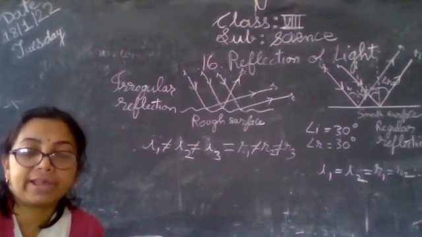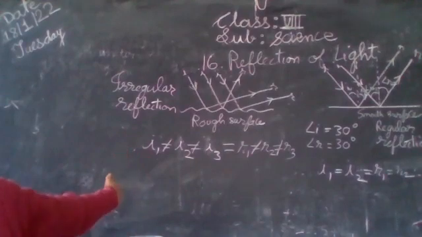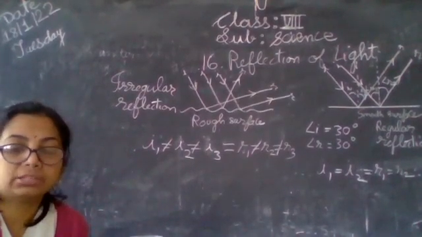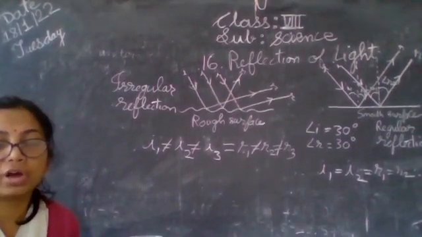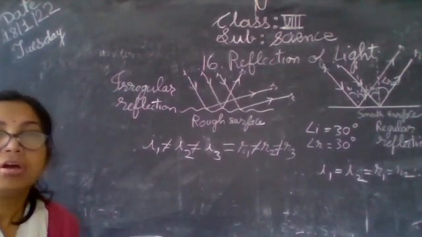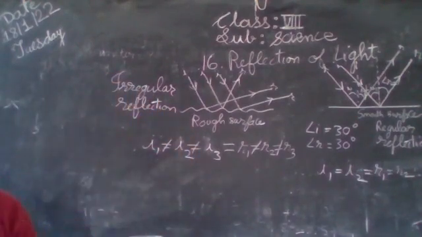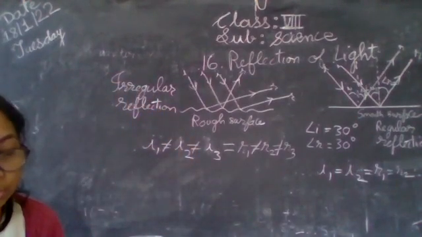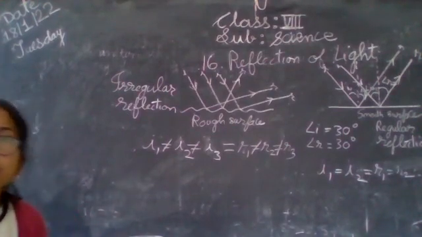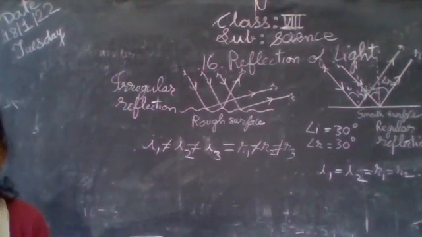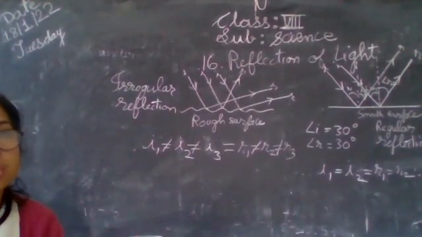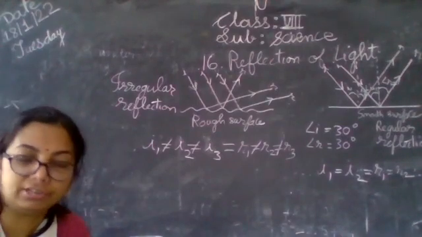Thus the reflected rays in this case are not parallel to one another and spread over a large surface. This is clear from this figure that you can see on the board. So what we need to remember, what we need to learn, is that we should be able to differentiate between regular reflection and irregular reflection of light.